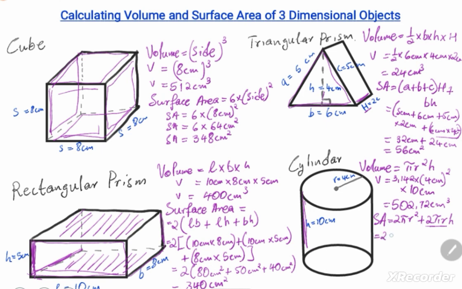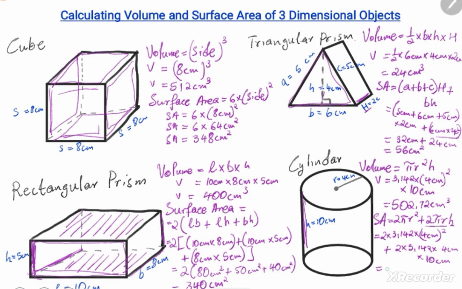So we have 2 times 3.142 for pi times the radius, which is 4 centimeters, and it must be squared. Then we say plus 2 times 3.142 times the radius of 4 centimeters times the height, which is 10 centimeters.